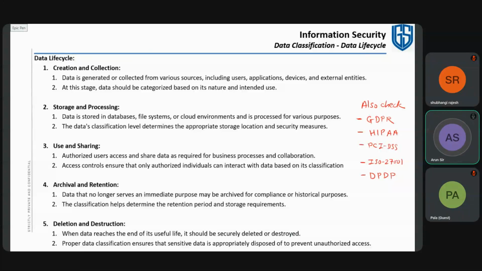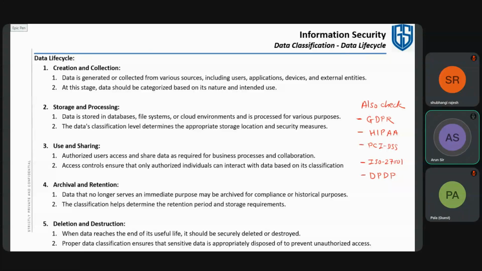Then how data will be stored and processed is another stage in the data life cycle. The third thing is related to how data is being shared with a third party, or used for their own business model, or when your consent has to be taken.